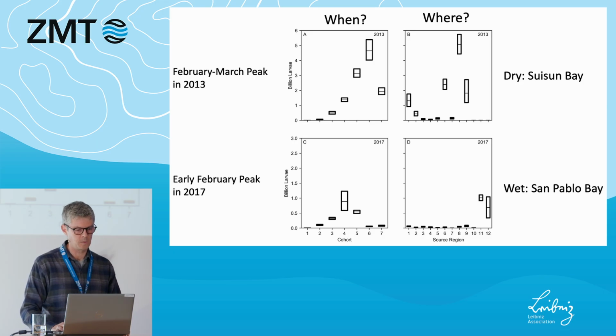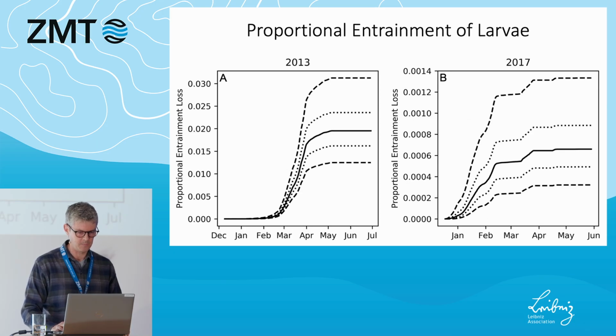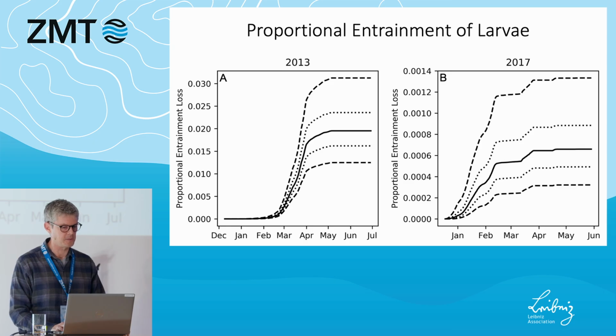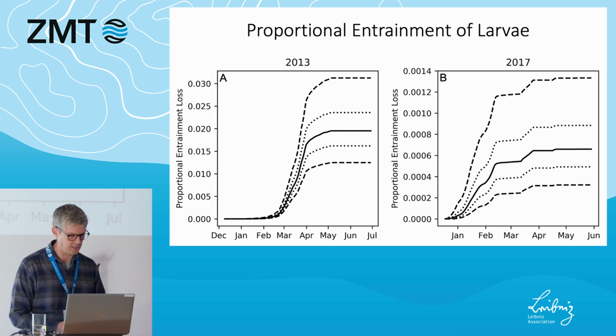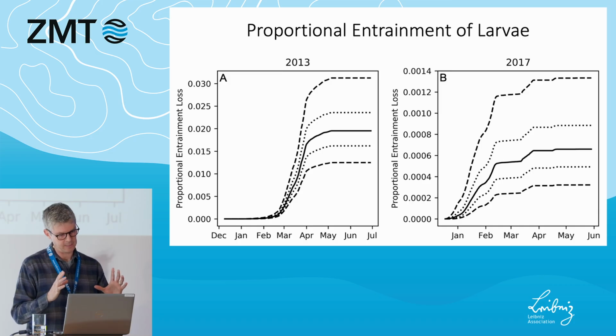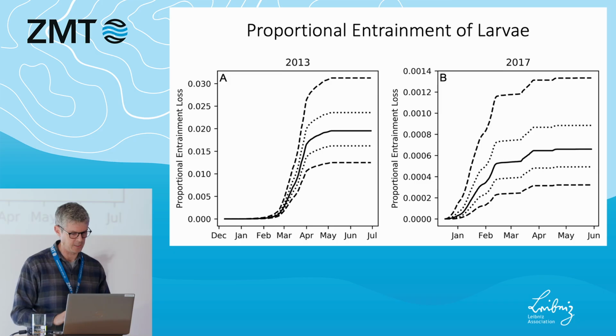So now that we know where and when the larvae hatched, we can estimate the entrainment in the water diversions, and this is the thing of interest to managers. This is the thing they manage to minimize, and it was suspected it could be quite a lot higher than this, because it was suspected that there might actually be larger transport occurring than we're estimating between where they hatch and where they're actually observed in the surveys.